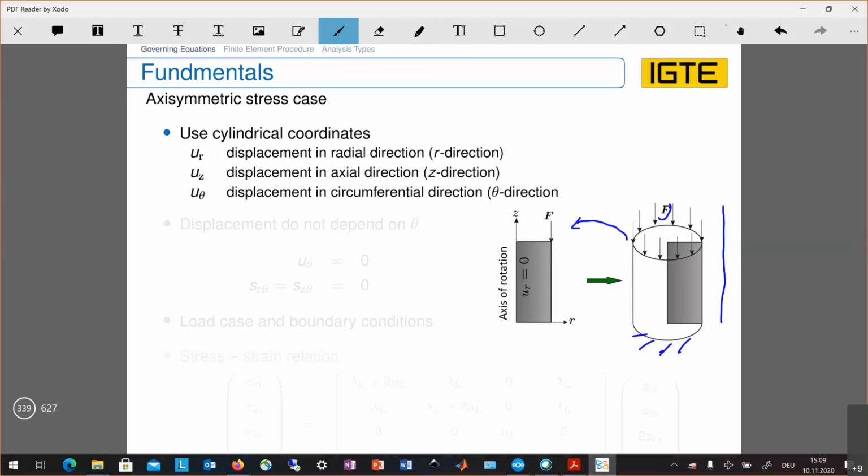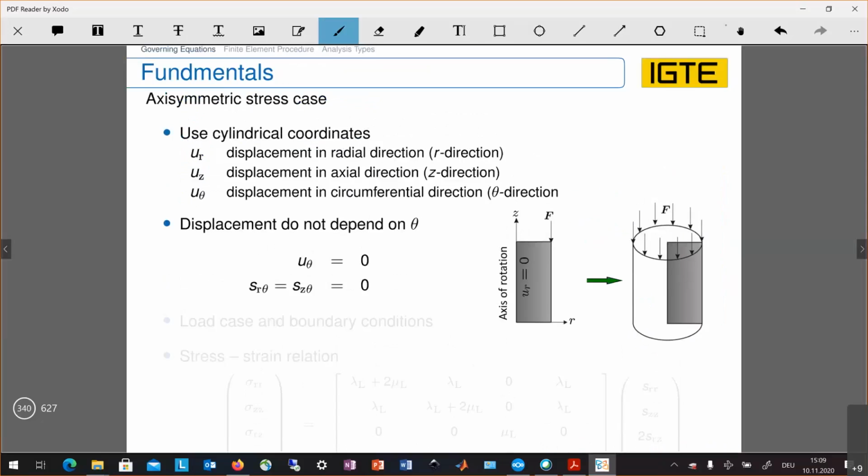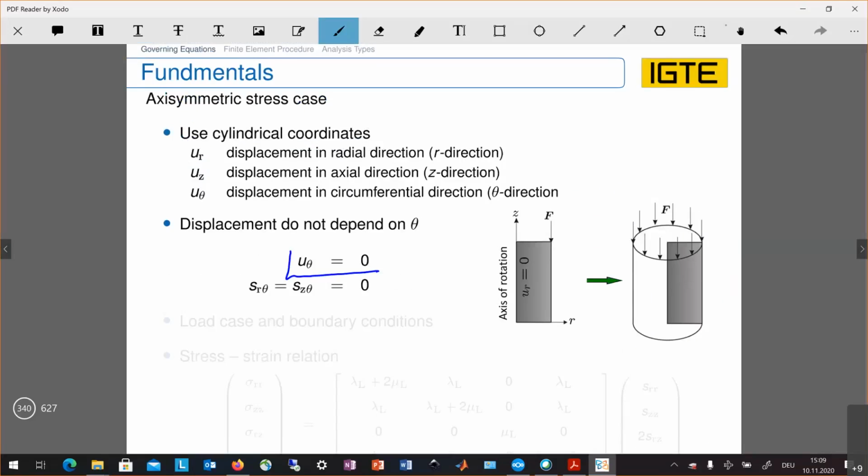Due to the cylindrical setup, we will clearly go to cylindrical coordinates, where in general we have an R component, a Z component, and a circumferential component for the mechanical displacement. And according to the axisymmetric stress case, we can set that we have no mechanical displacement in circumferential direction.